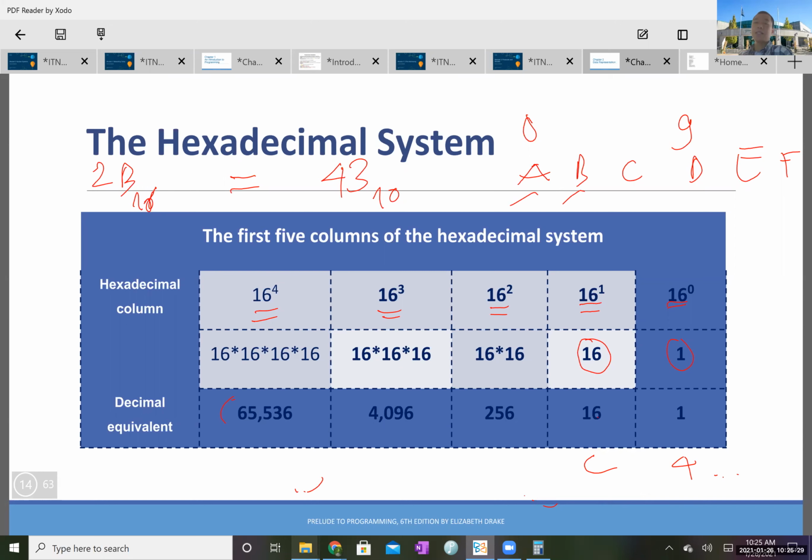Yes, A is 10, B is 11, C is 12. So 12 times 16 is 192, plus 4, so we have 196. Yes, or you can use the calculator also.